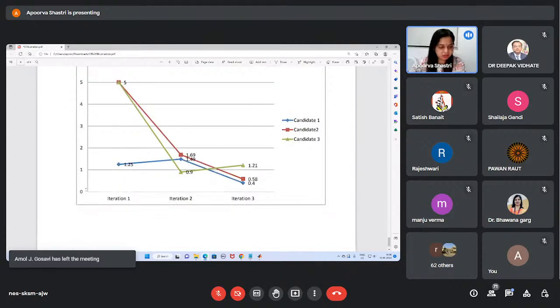We have taken the number of iterations on the x-axis and the value of the objective function on the y-axis. This blue line indicates candidate 1, this one is candidate 2, and this one is candidate 3. For the first learning attempt, candidate 2 and 3 objective function values were 5, and for candidate 1 it was 1.25.